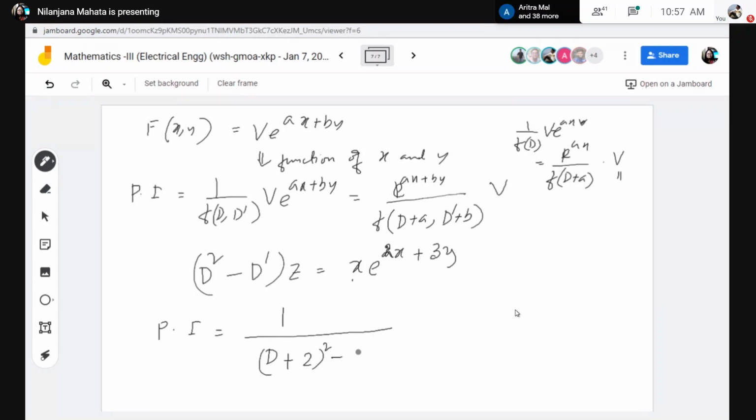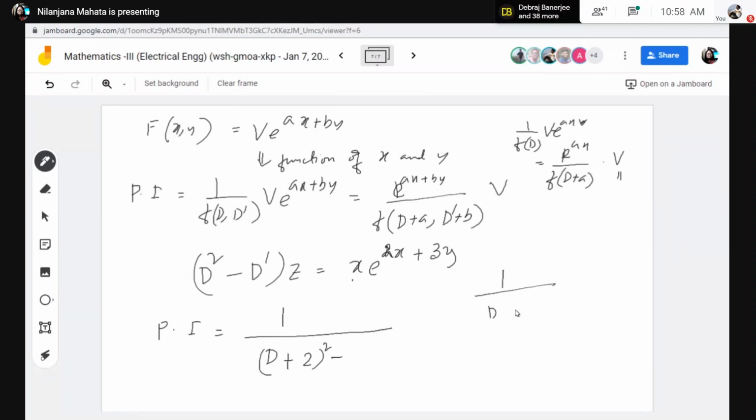Minus D'. Here it is D square minus D', I cannot factorize it by anything, right?